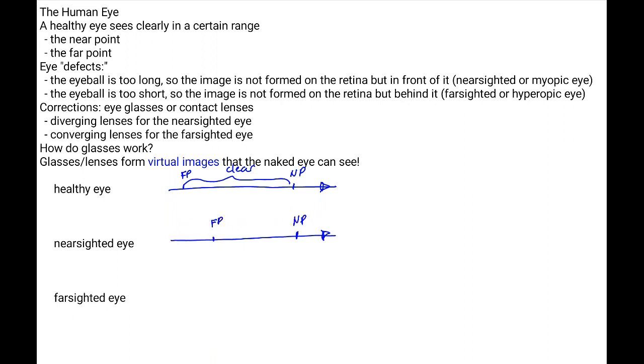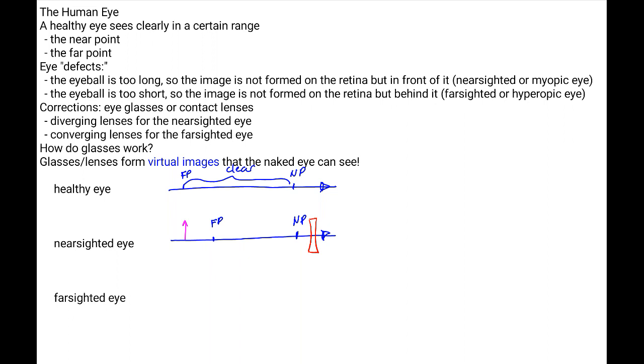So then the nearsighted eye is going to get diverging lenses, which do the following thing. So let's say that we're placing an object here where the naked eye can't see it.